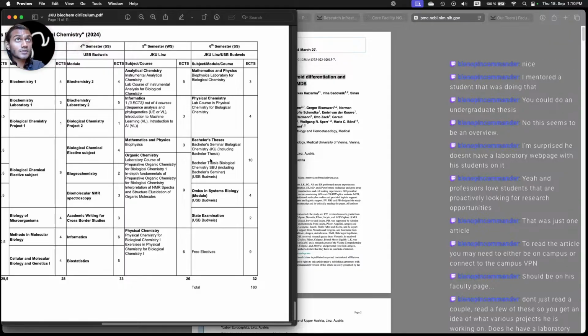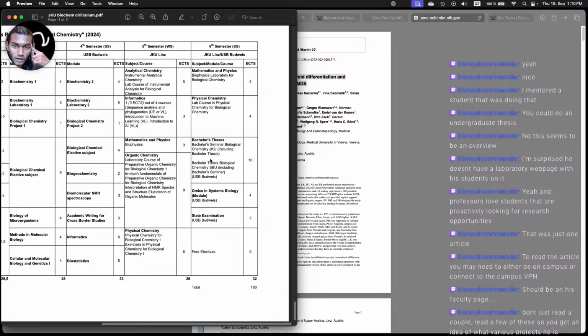I think that's similar to an undergrad thesis, right? I mentored a student that was doing that. Okay. I have to do two theses from what I understood.